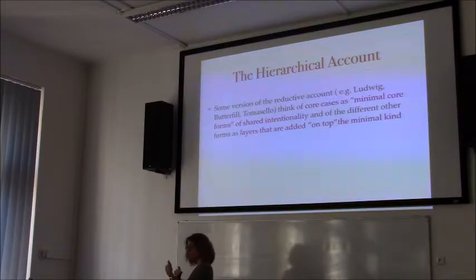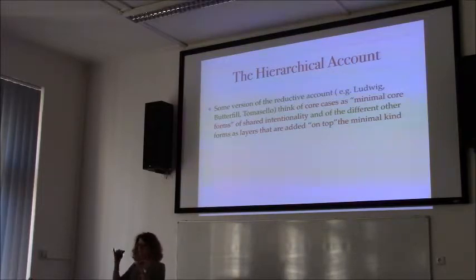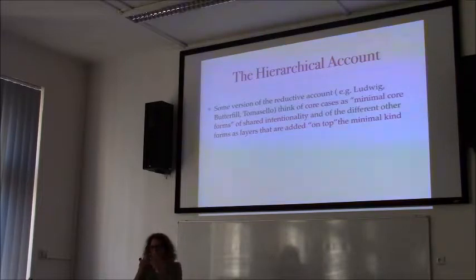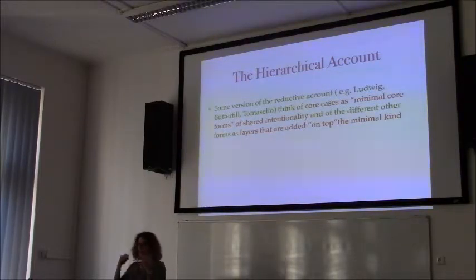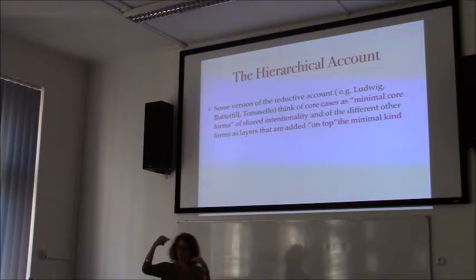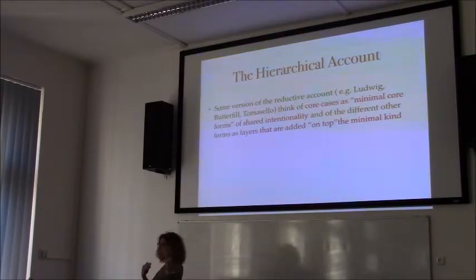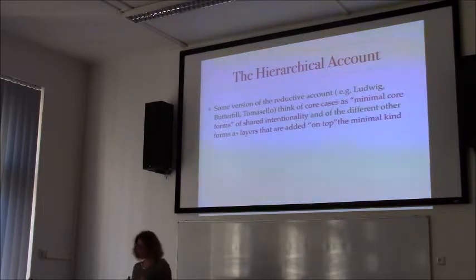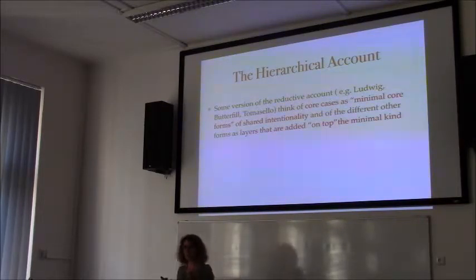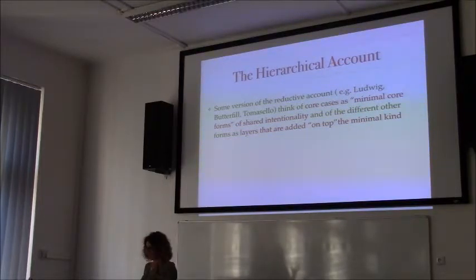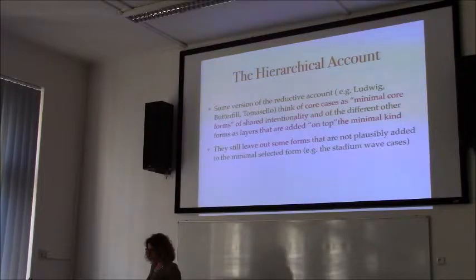This is very similar to Kate Ludwig's theory: the idea that there are individual intentions that hook up in particular ways, are coordinated by individuals in particular ways, such that something joint emerges. And what they say is that we can add layers on top of that activity, for example group membership, and then we get further forms of collective intentionality that are not minimal, in the sense that the one that is picked up is the core, the minimum core.